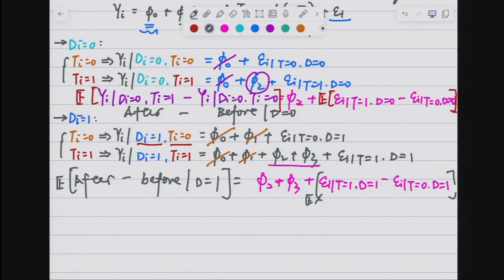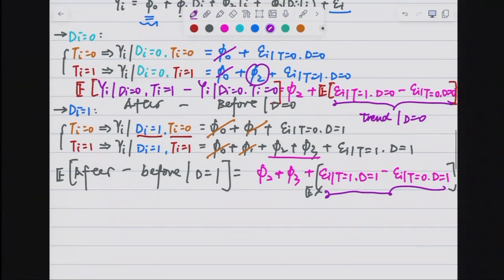Now, let's call the change in the error terms, these are essentially the trend. One is the trend over time for the control group, where we are subtracting the before from the after. And similarly, we have the trend over time for the treated group, subtracting the before from the after for those in the treated. What we have so far are simply the before-after analyses for each group, the treatment group and the control group.